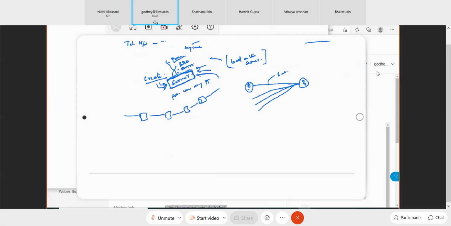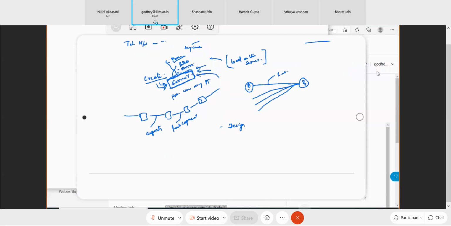Now, based on this, I need to decide what should be the capacity of this link, what should be the link capacity. So based on this, I need to look at the design.